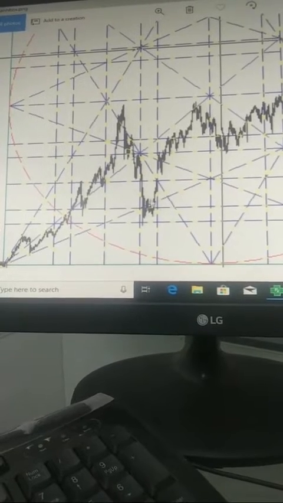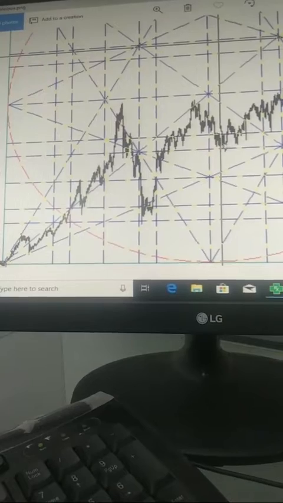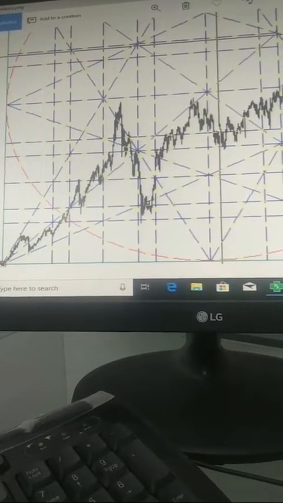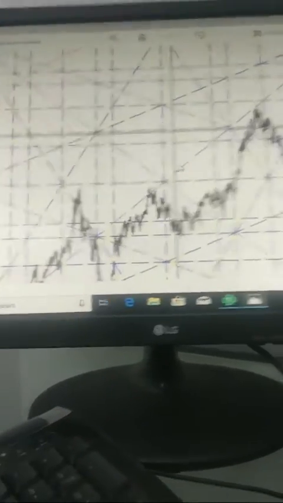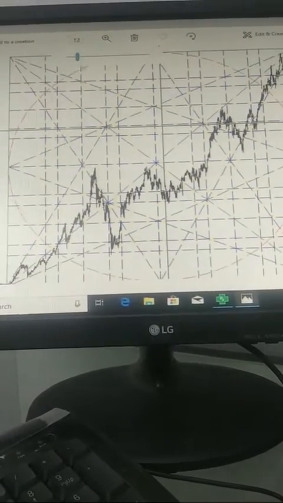Again we moved up, and this was balanced by this consolidation move. Again we moved up. What I am trying to explain is price and time balancing, not the channel.